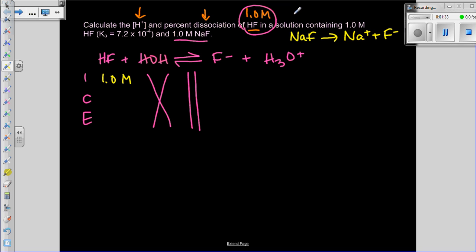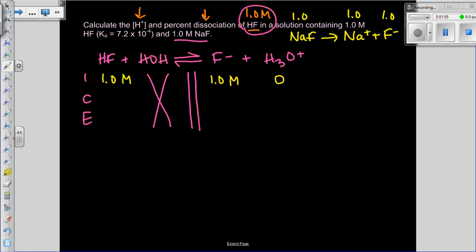So if I have 1 molar sodium fluoride, I will also have 1 molar sodium ion and 1 molar fluoride ion. So this would be 1 molar fluoride. And before this comes to equilibrium, I have no hydronium ions. So initially when these two are mixed, I have nothing here.